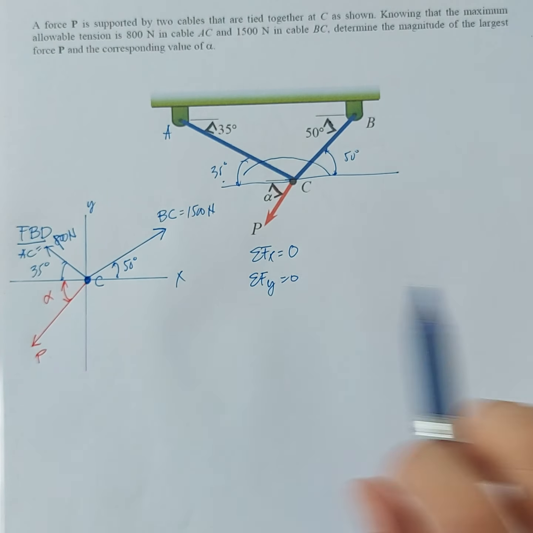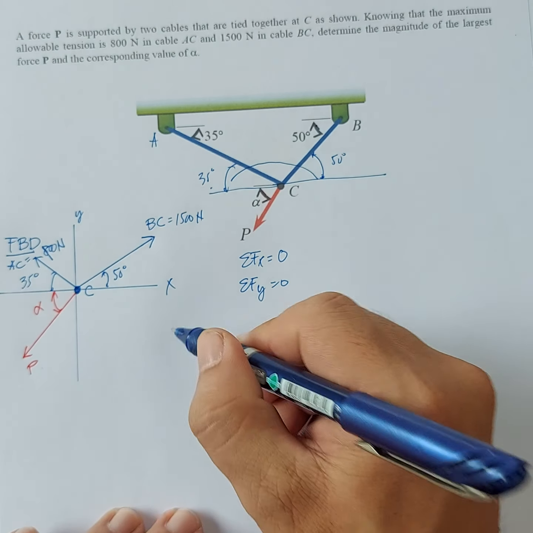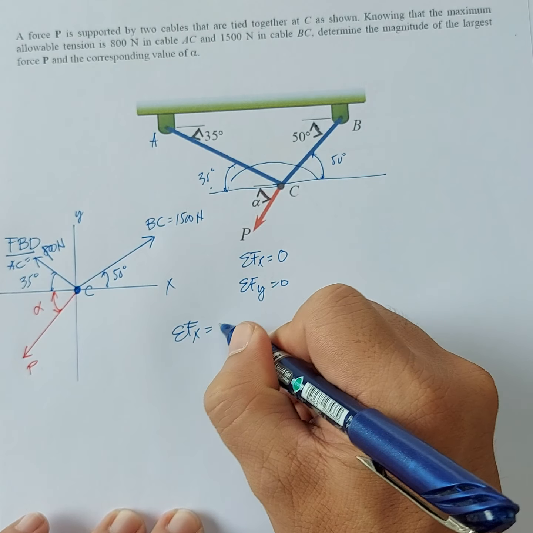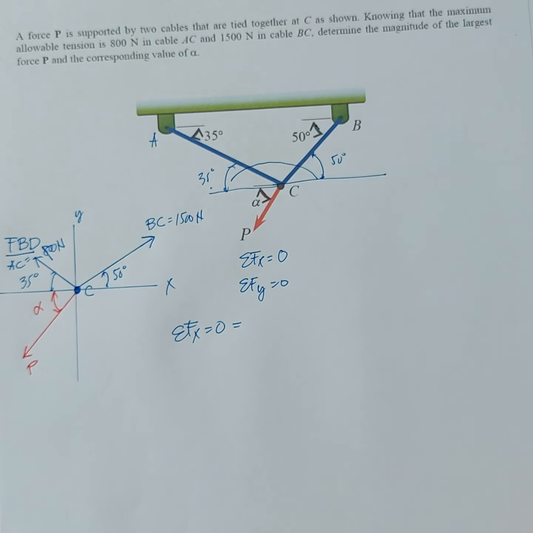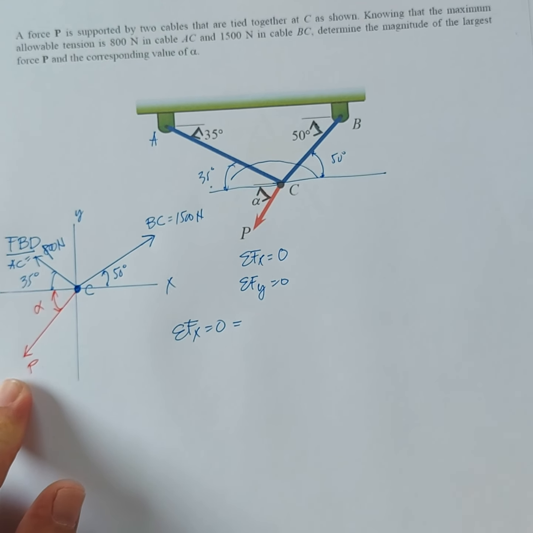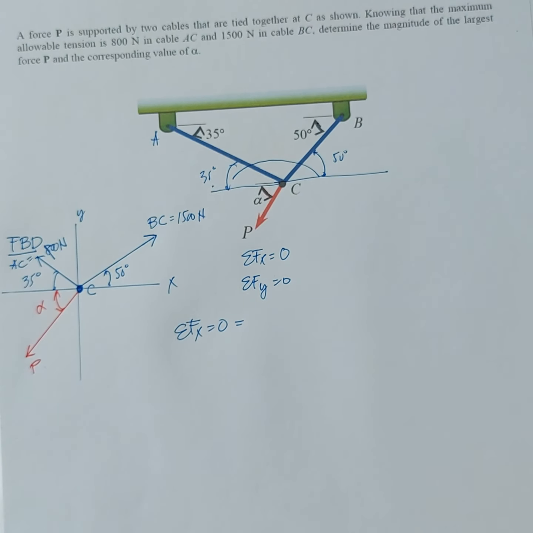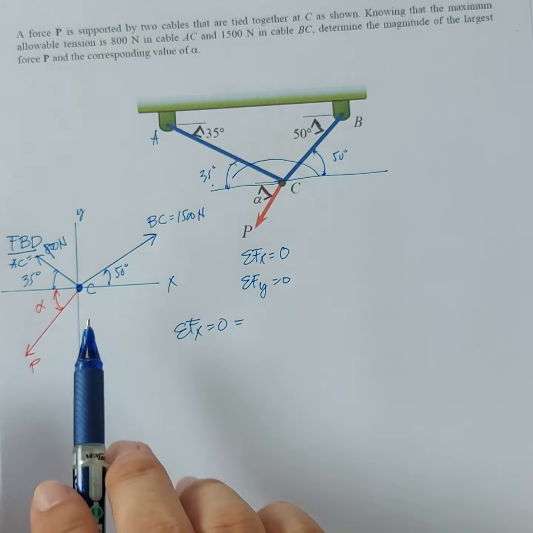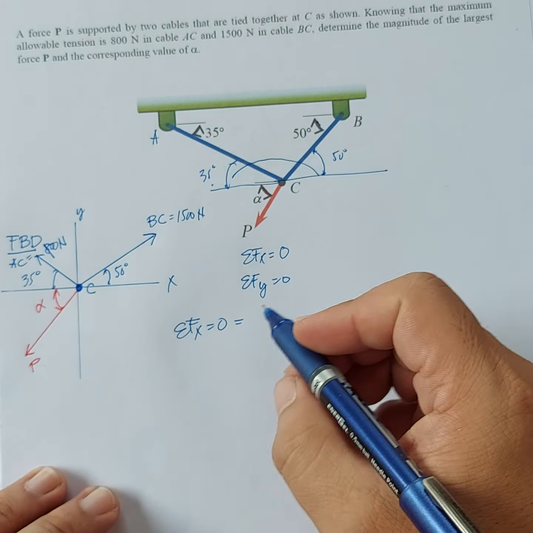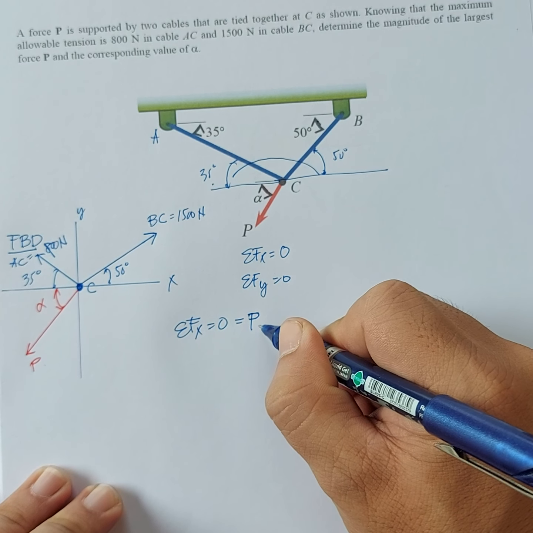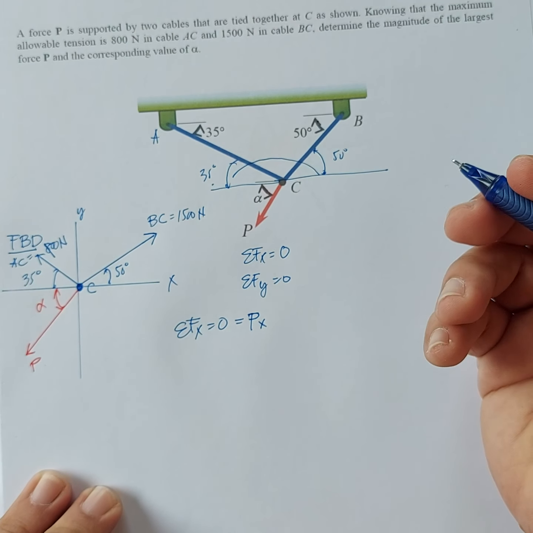So let's start with summation of forces along x. Summation of forces along x-axis is equal to 0. That is equal to, so lahat ng x components. So let's start with P. Ano ang x component ng P? X component of P is ito, adjacent side natin, PX.